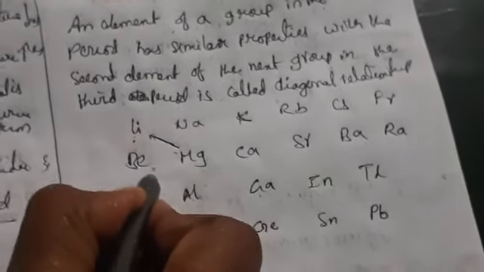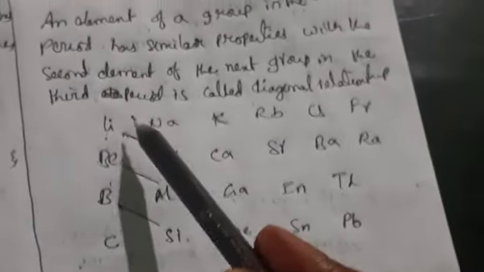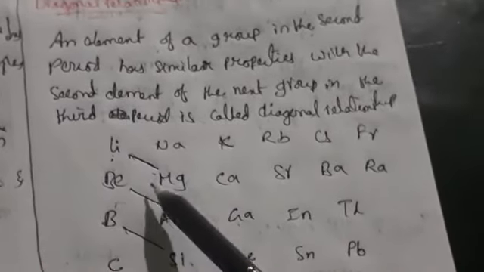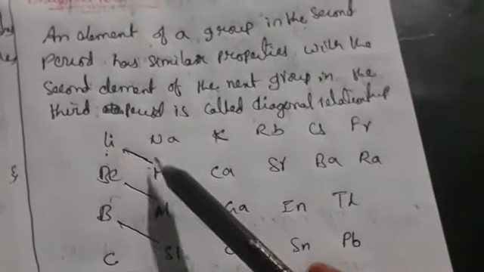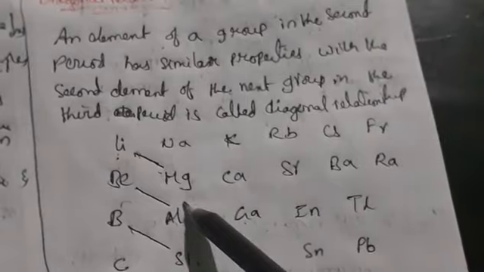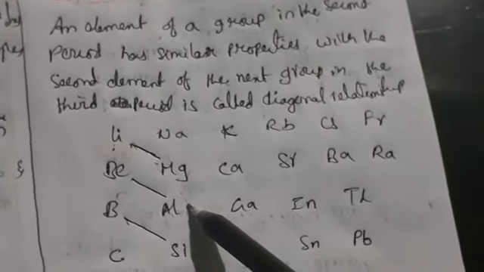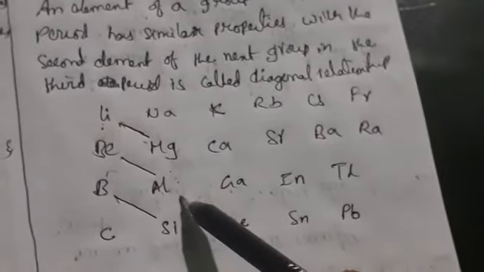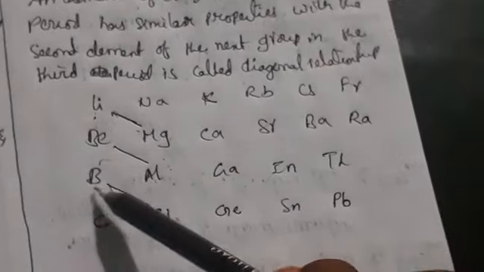Here, beryllium has similar properties, and the next one also has similar properties. So the elements in the second period have similar properties with the next group in the third period. These are the periods: this is the first period, second period, third period.